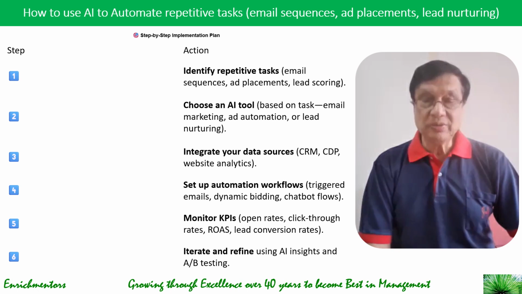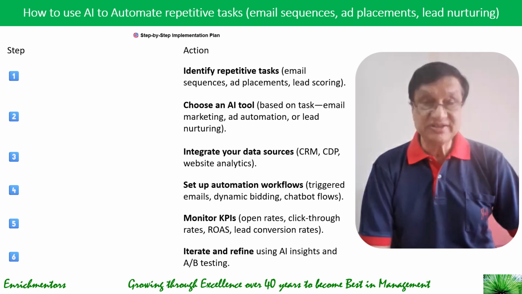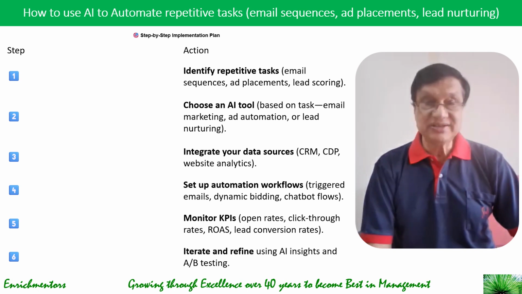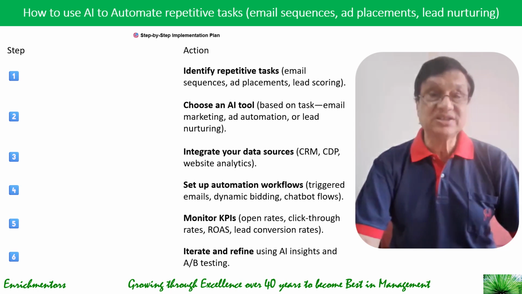Set up automation workflows like triggered emails, dynamic bidding, chatbot flows, etc. Then monitor KPIs like open rates, click-through rates, ROAS, lead conversion rates, etc. And finally, iterate and refine using AI insights and A/B testing. So that's the step-by-step implementation plan.